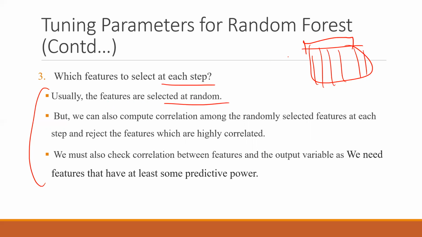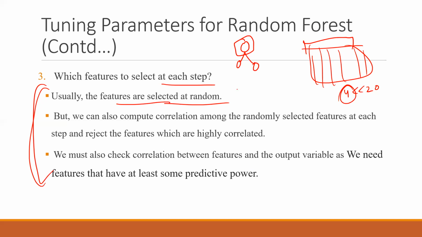So you have to select the features at random. The Gini index and everything help us in deciding the split, which will be the first split. But how to decide, if I have to select 4 out of 20 features, which 4 they will be? So that's what is being talked about.